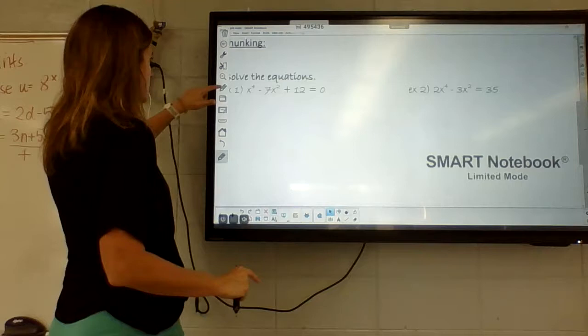I moved everything over. And this probably looks really intimidating. But again, try to think about this as if this were just like a quadratic equation, and instead of the e's, it's x's. So it obviously has some complication to it, but it has the three terms we're used to. So I'm going to try to treat it this way and see if that'll end up making sense to us.